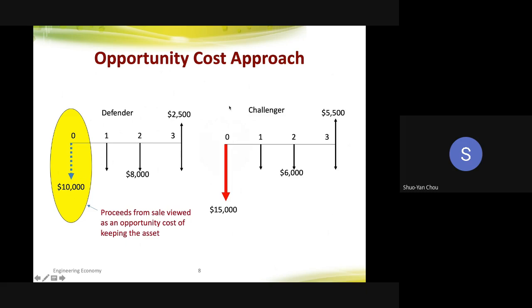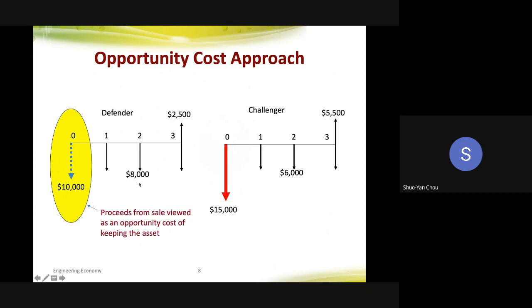In fact, before computation, we know already. We just take this amount, which is past, and add it to the defender as a minus. Here we also deduct this, so both sides we deduct 10,000. So the decision will be the same, but the computation will be a little bit different.